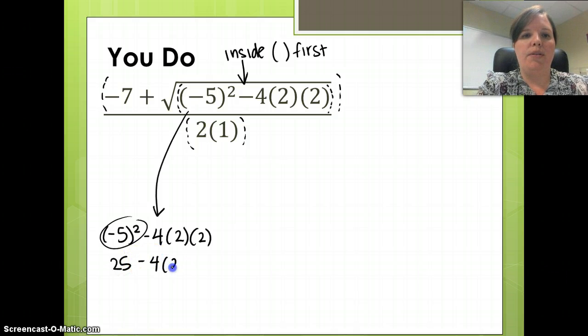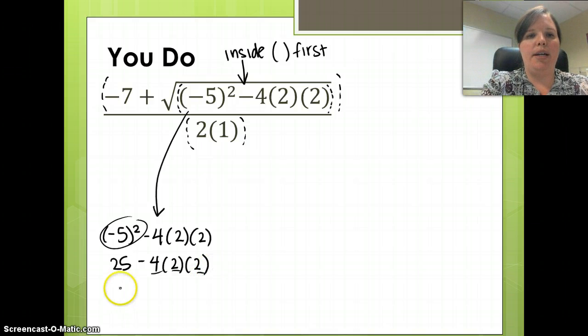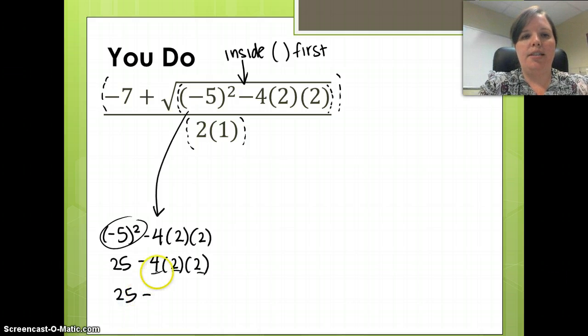Minus 4, parentheses 2, parentheses 2. From here, what comes next? Well, I have these three numbers being multiplied together, so I can multiply all those together. We're really treating this like negative 4 times 2 times 2, so that would be negative 16. 25 minus 16 simplified inside the square root would be the number 9.